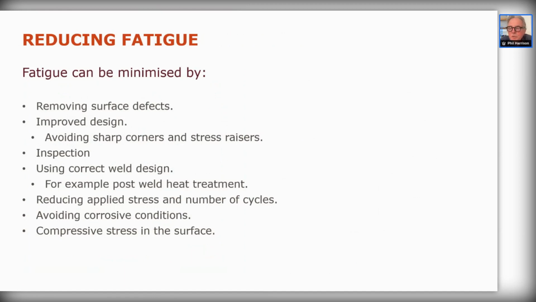For example, in welds, we use correct weld design and reduce the applied stress if needed, or we can change the design of the material, get rid of corrosive conditions so they can't help initiate a crack on a material. And the best one to me, put a compressive stress in the surface. Next slide, please, Darren.